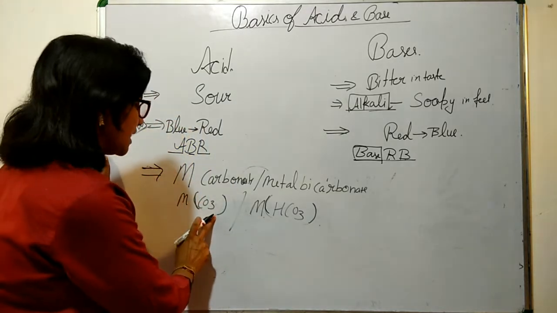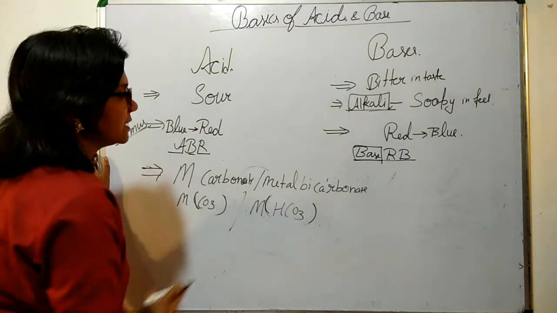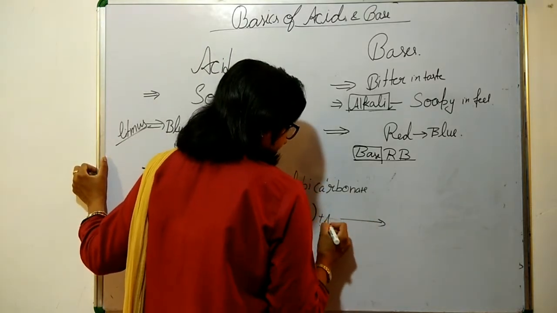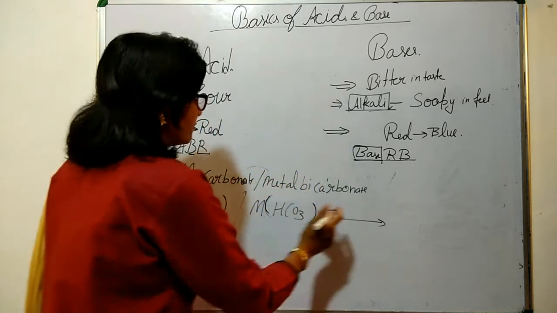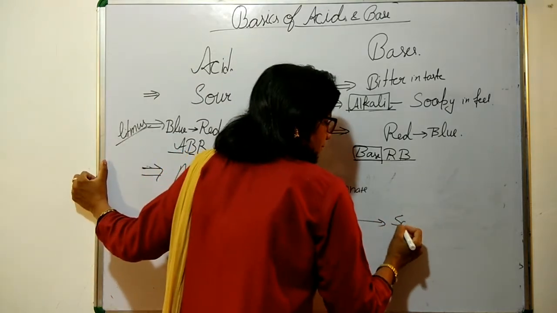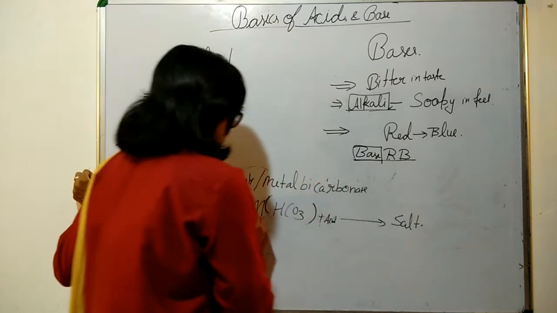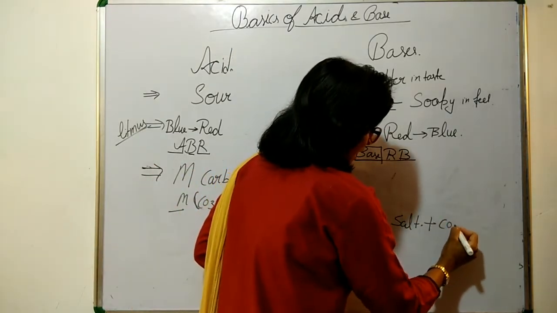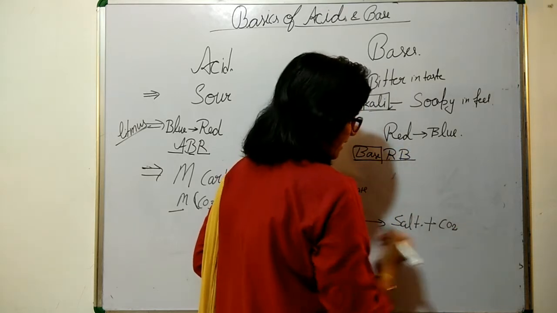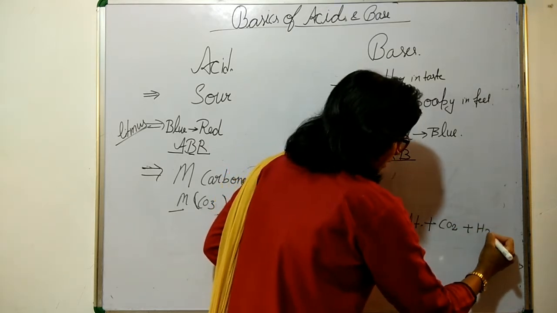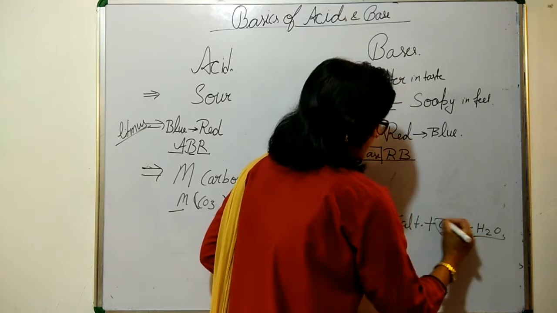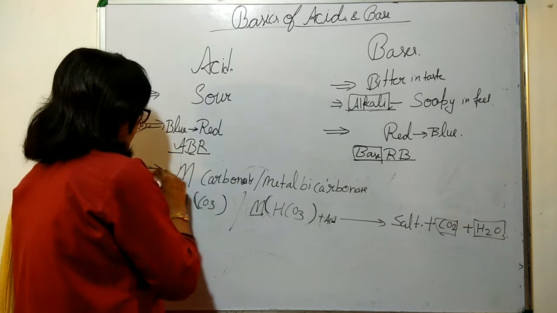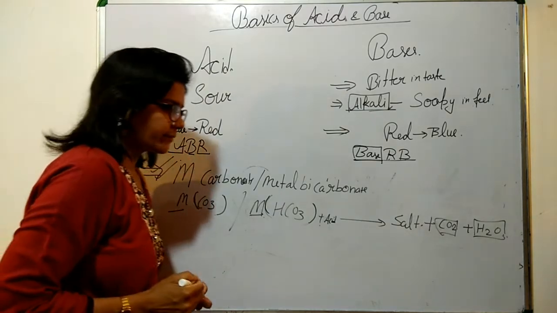When the metal carbonate or metal bicarbonate reacts with acid, it will form the salt of the corresponding metal plus carbon dioxide gas plus water. This reaction is only possible with the acids.